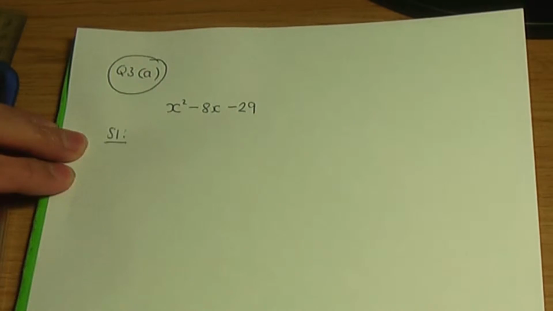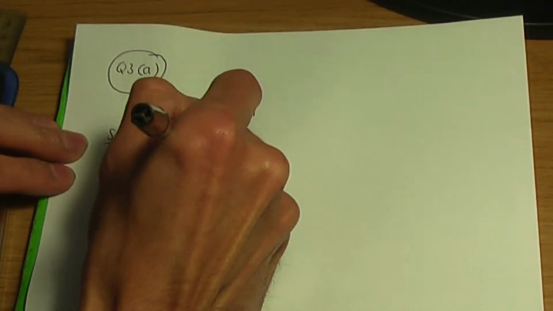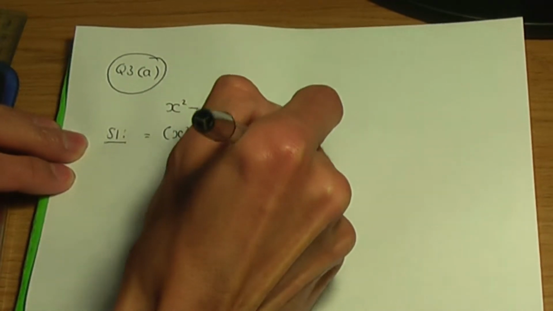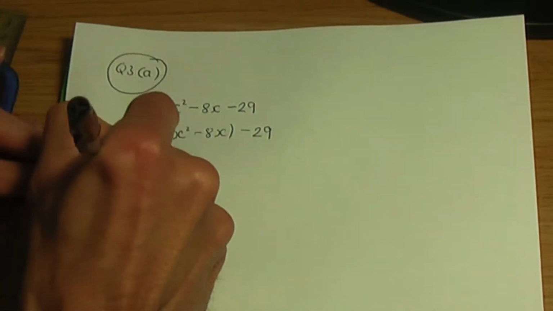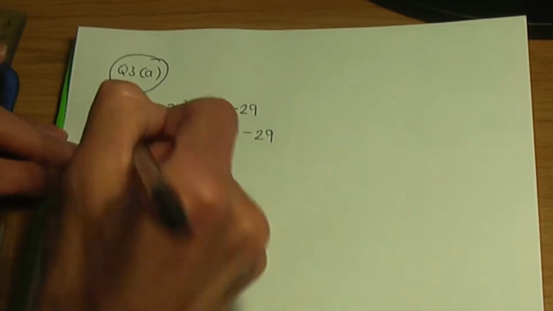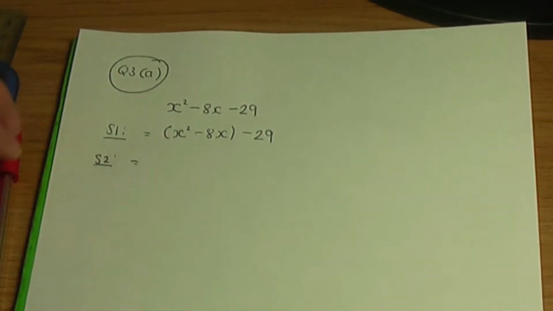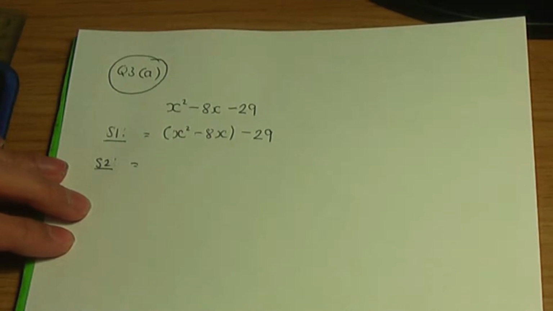For this problem, step number 1, we need to group the x squared term and the x term in a bracket. In step number 2, whatever the coefficient of x squared is, take that out as a common factor.